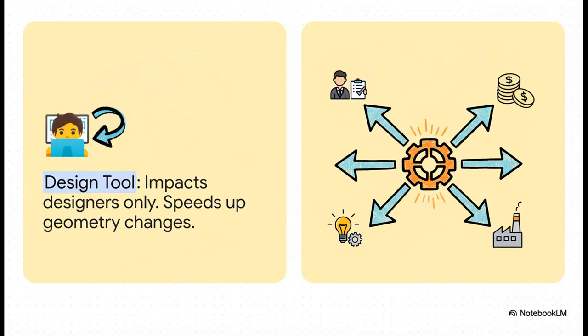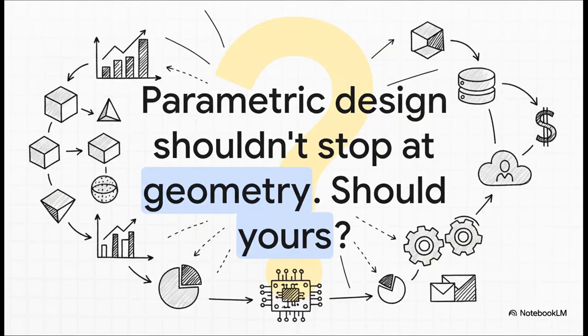It doesn't just speed up a drawing, it speeds up everything: quotes, decisions, and company-wide innovation. For decades now, we've accepted the magic of parametric design for geometry. So my question is, why on earth should we let it stop there? The technology to connect everything already exists, so the only question left is, should your business continue to operate in those disconnected silos?